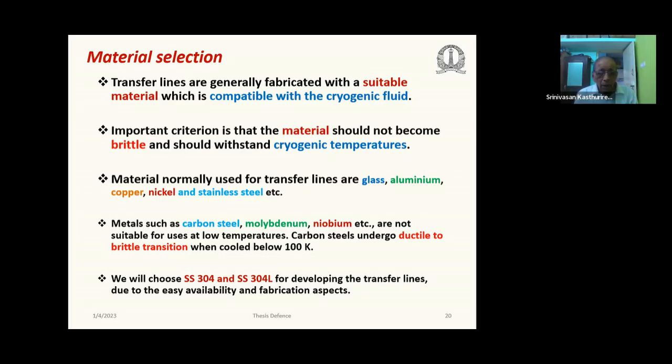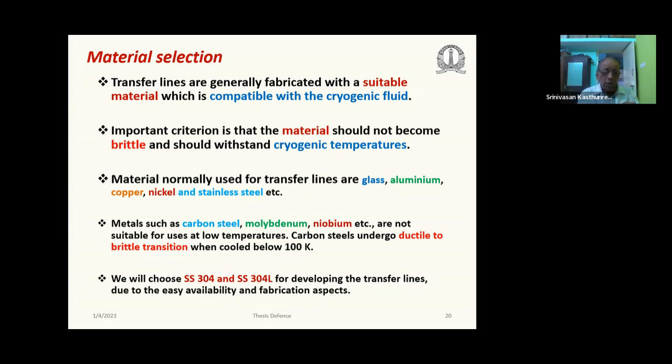So what materials should not be used? Materials such as carbon steels, molybdenum, and niobium are not suitable for low temperatures. We have seen this already earlier in the design of cryogenic systems. Carbon steels have a difficulty because they undergo a ductile to brittle transition below 100 Kelvin, so they are not suitable for use below 100 Kelvin.